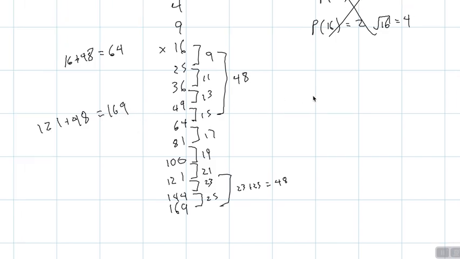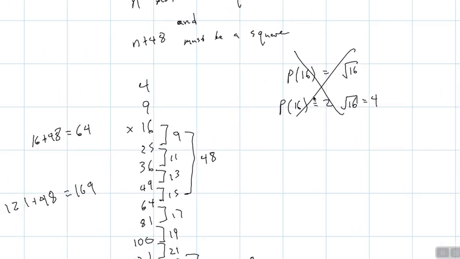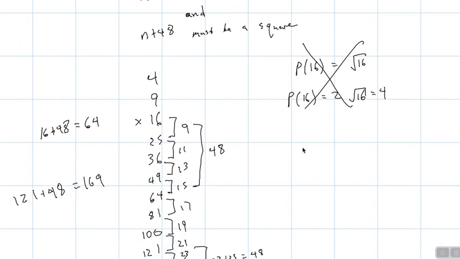So let's check that one. First, p of 121 is equal to 11, and the square root of 121 is 11, so that checks out.